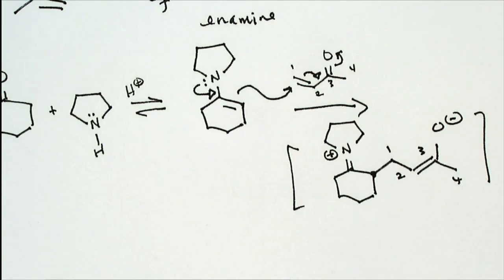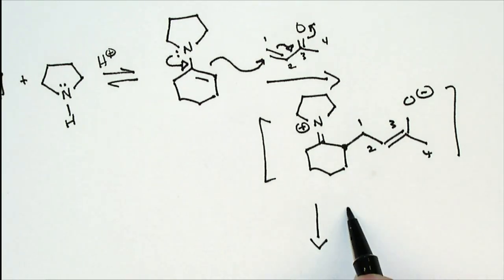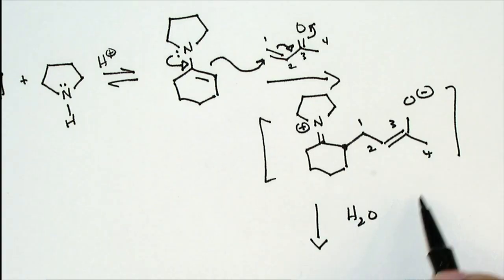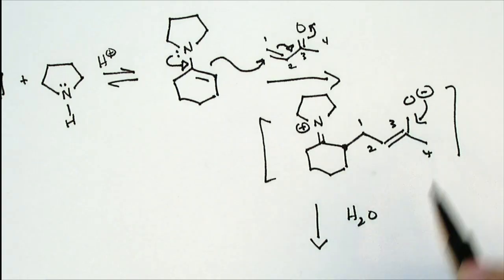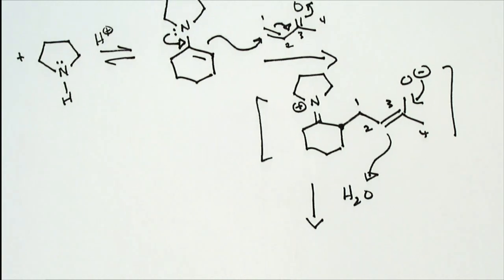All right, and then what happens? Well, instead of using ethanol in these Stork reactions, what we do is we just throw in a little bit of water for a reason I'm about to explain. If I throw in water for the proton source, you reform the ketone at carbon number 3, and carbon number 2 takes these electrons, the pi electrons, and is protonated.